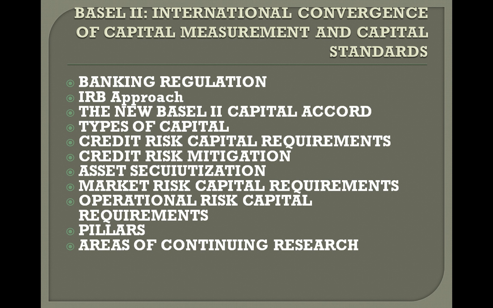So we'll see that the capital required is 50 million into sovereign debt 0% into 8%, plus 50 million into 20% into 8%, then 50 million into 100% into 8%.